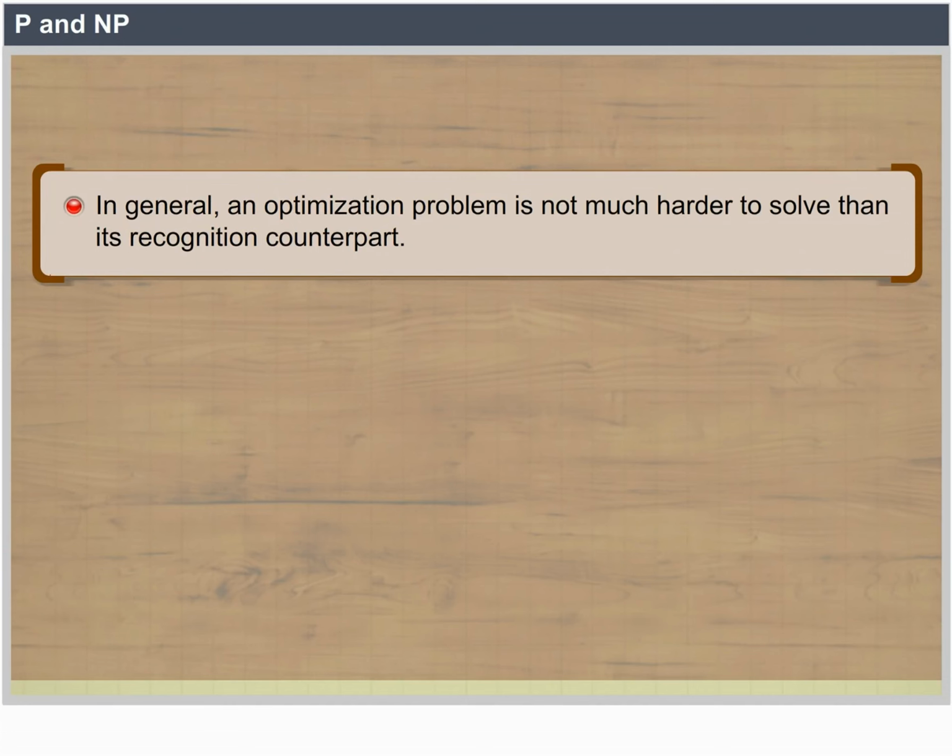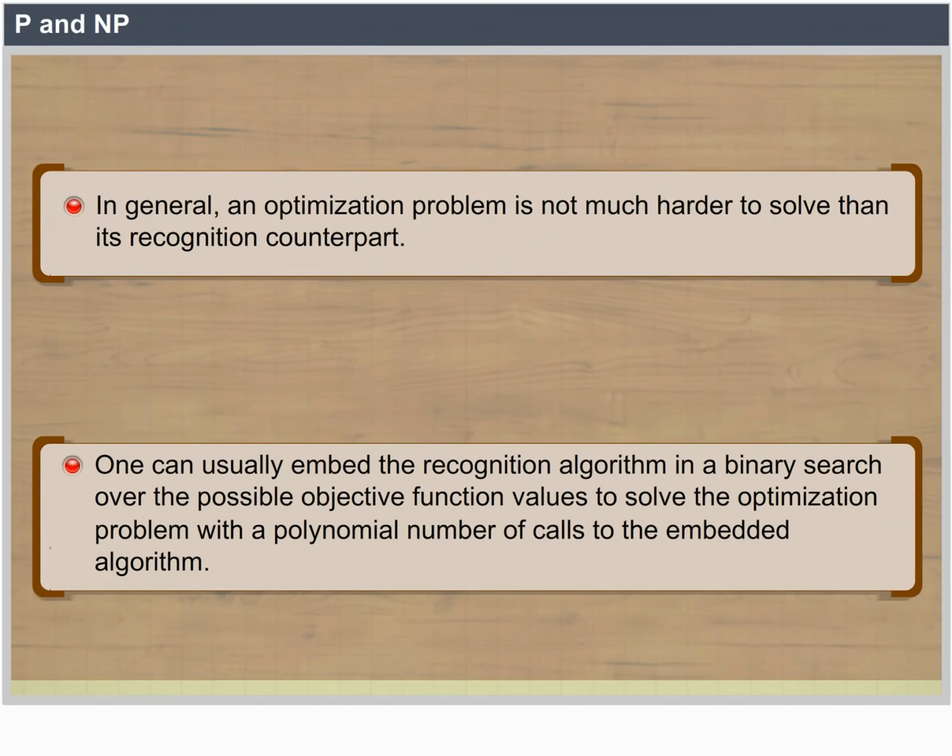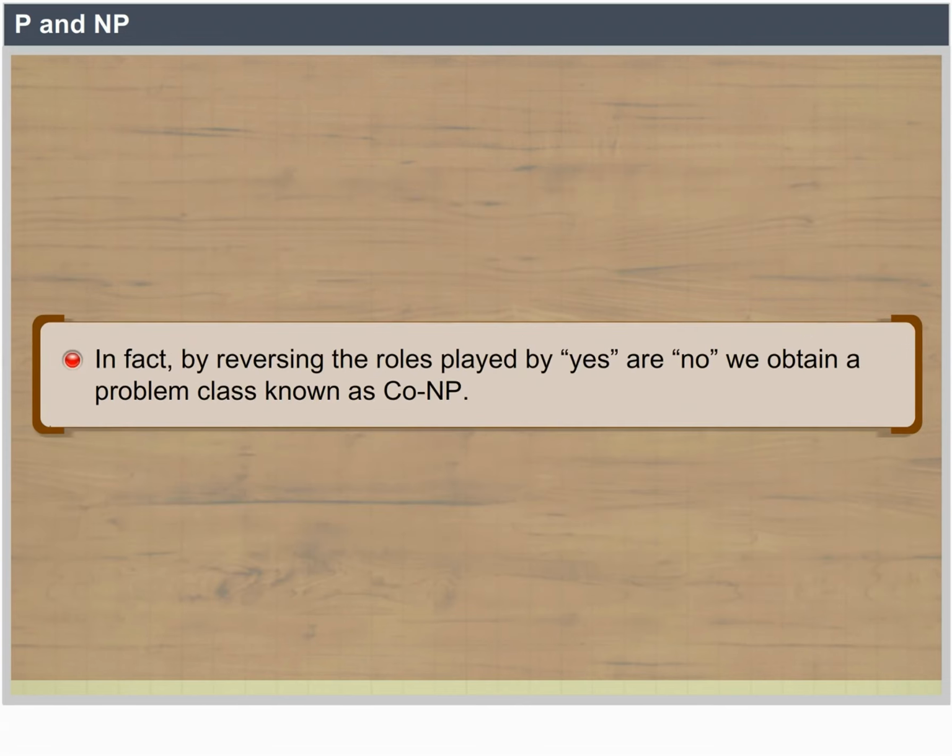One can usually embed the recognition algorithm in a binary search over the possible objective function values to solve the optimization problem with a polynomial number of calls to the embedded algorithm. In fact, by reversing the roles played by yes and no, we obtain a problem class known as co-NP.